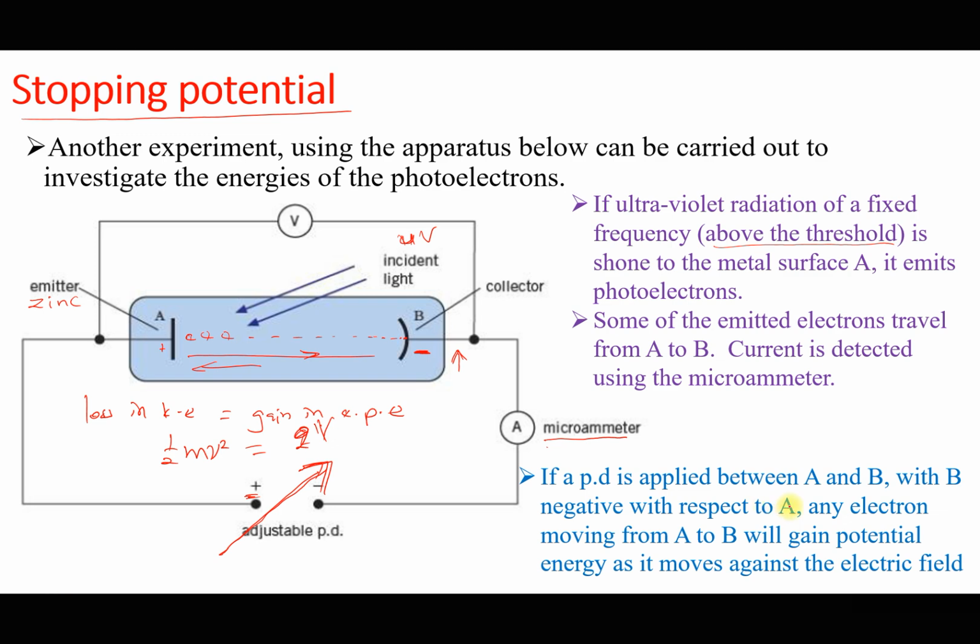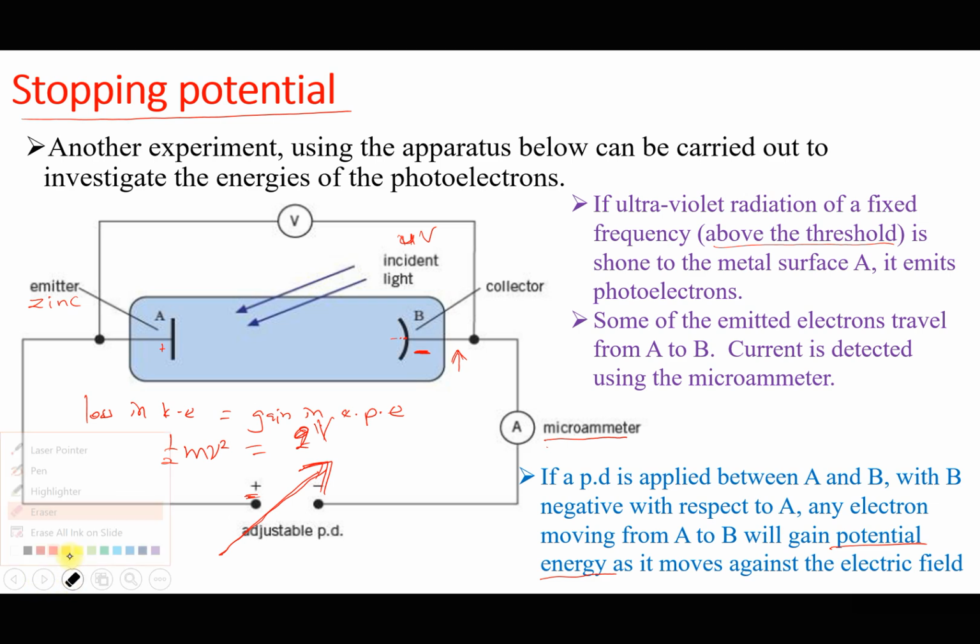If a PD is applied between A and B, where B is negative with respect to A, any electron moving from A to B gains a potential energy, which is actually electric potential energy because there is an electric field between A and B. And I mentioned that naturally, electrons move towards the positive potential.